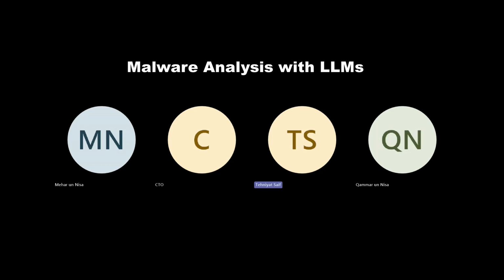Okay, so as we discussed earlier, we are going to perform malware analysis. In malware analysis, we have to do some reverse engineering steps, like analyzing the actual malware file available in exe format.